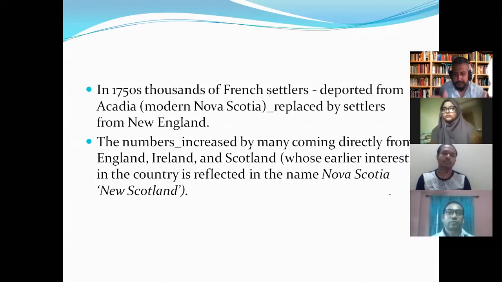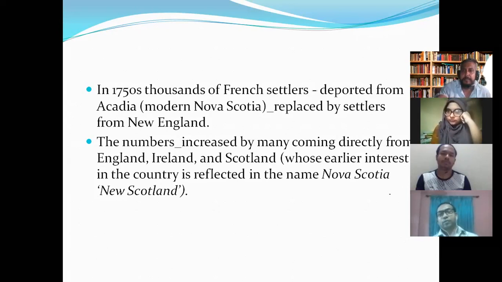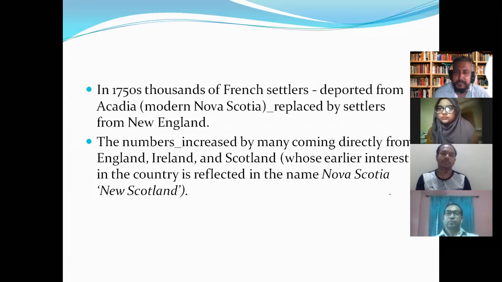So the Canadian people got acquainted with the English language on one hand because a large number of settlers went over there to Canada. And not only that, the British settlers defeated the French people, and a large area was occupied by the British settlers in Canada. And the name also suggests this: Nova Scotia means New Scotland.